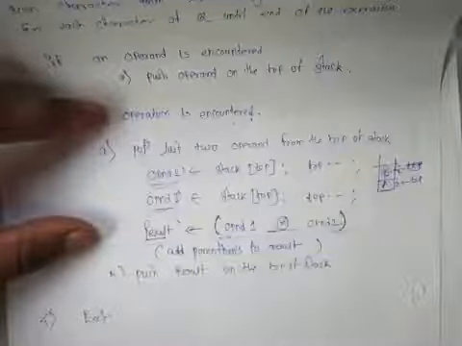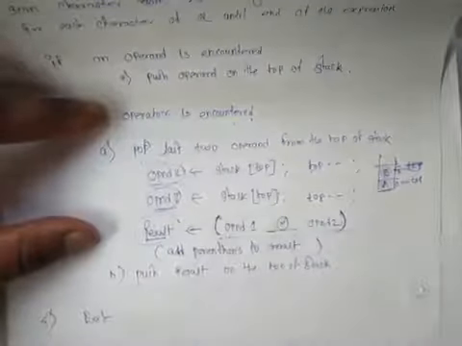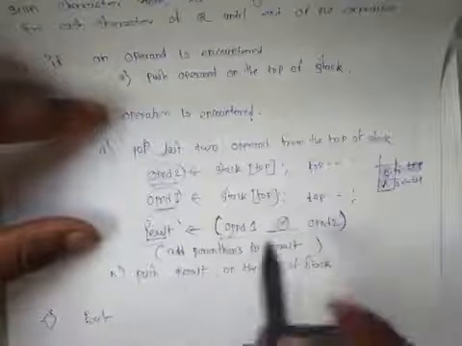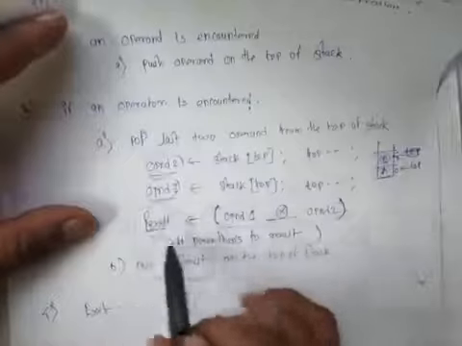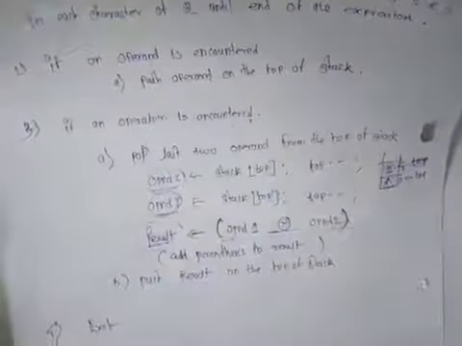When we convert from postfix to infix or from prefix to infix, only then do we put parentheses. Otherwise we do not. In the next step we push this result on the top of the stack. So this is the algorithm to convert postfix to infix form. Here we are not going to check any priorities.